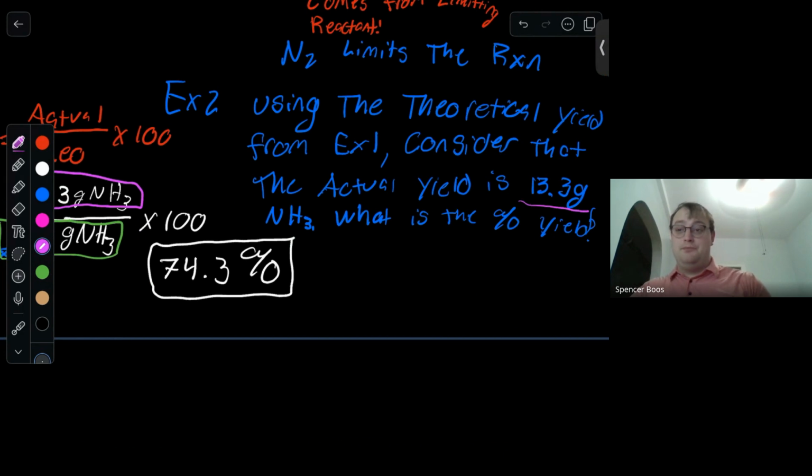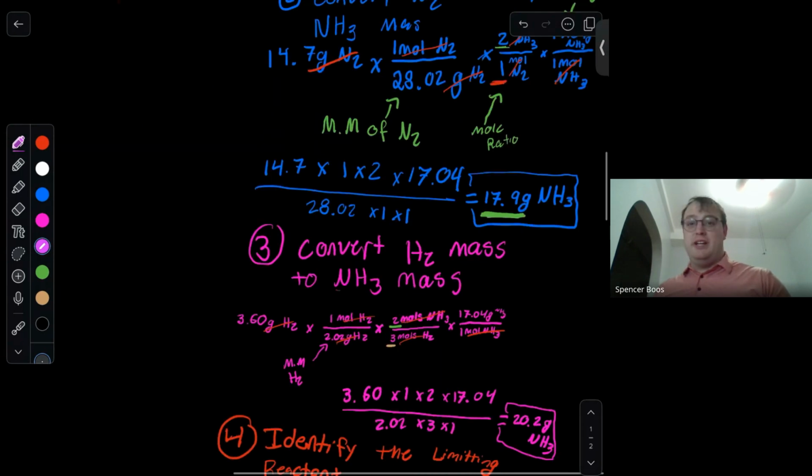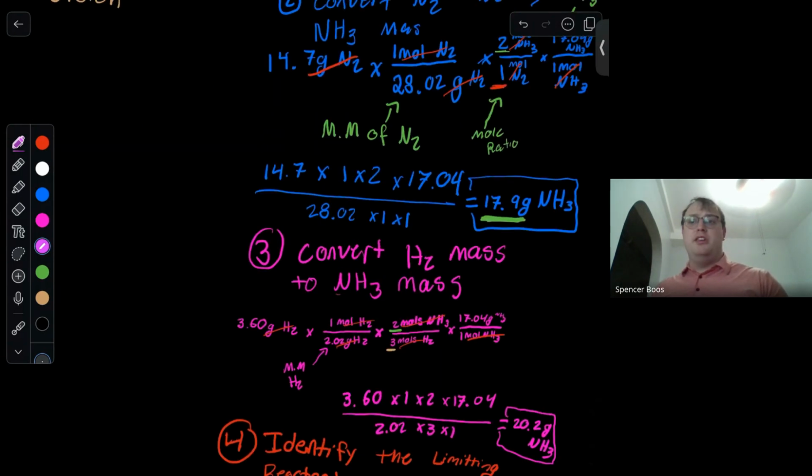It's our given. And job's done. The actual yield will be given to you on the exam in that problem, and all you need to use that actual yield for is percent yield. We did all these steps before we actually used that actual yield.